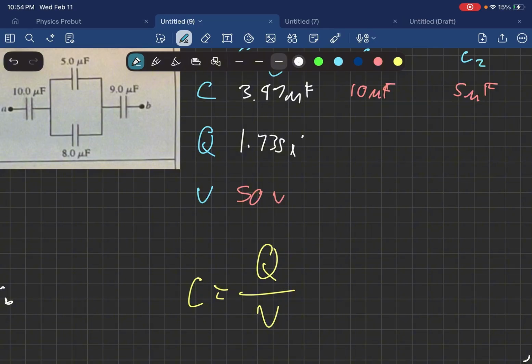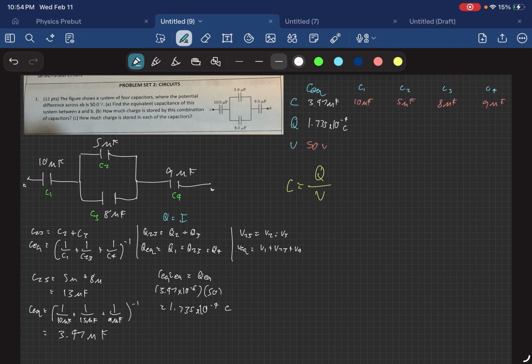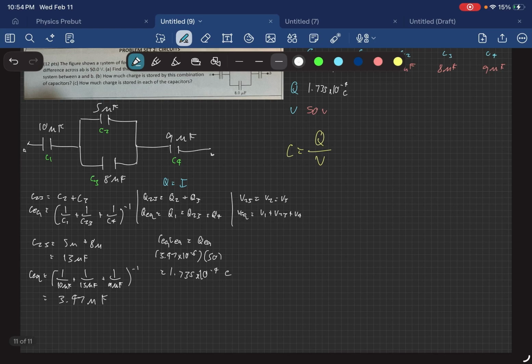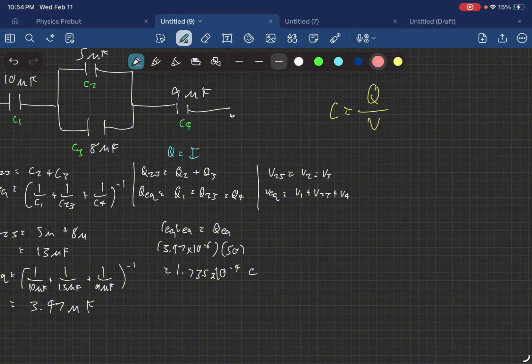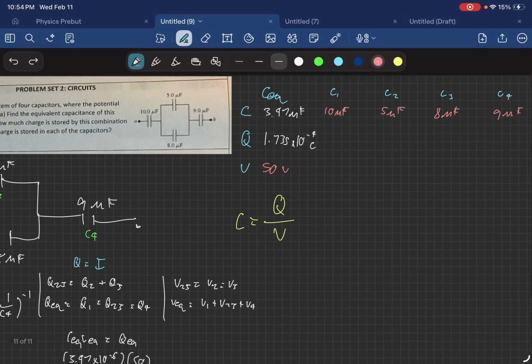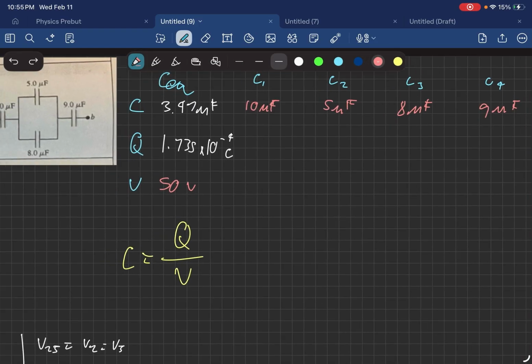Let's write this. Coulombs, yes. Okay, this is very easy because you can see that QEQ is equal to Q1, equal to Q23, is equal to Q4. So, same thing, copy paste.